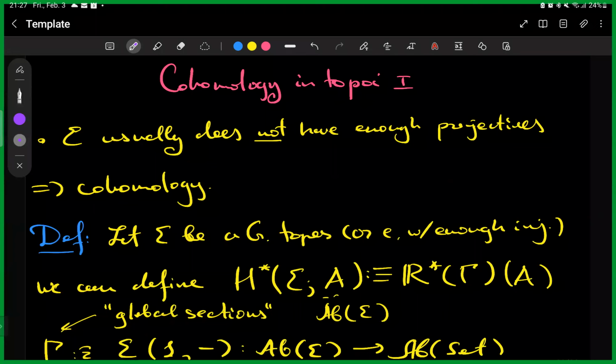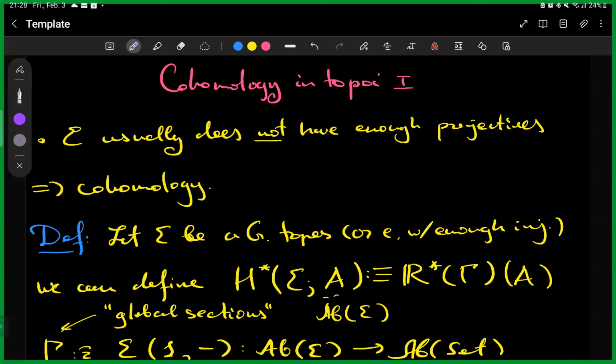So how do you usually construct a free or a projective resolution? You take a map from a free module, for example, which is spanned by generators of your arbitrary module. Then you take the kernel of this map, you choose some generators in the kernel, you map from another free module, and so on.